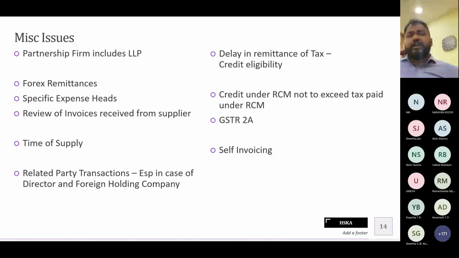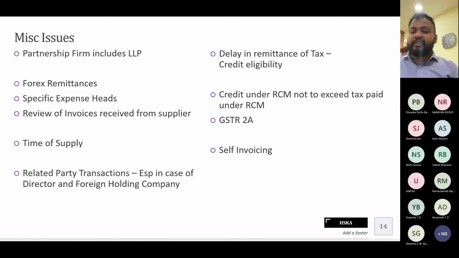One argument is all the input tax credit can be claimed only based on a document. Okay, all the input tax credit. If it is import, I have to claim the credit based on bill of entry. If it is input service distributor, based on the ISD invoice. If the vendor has charged me tax, based on his invoice. Okay, RCM I can claim the credit only based on a self invoice. That means I have to raise invoice on myself. So if I'm raising the invoice on myself today, that means the tax has also been paid today.